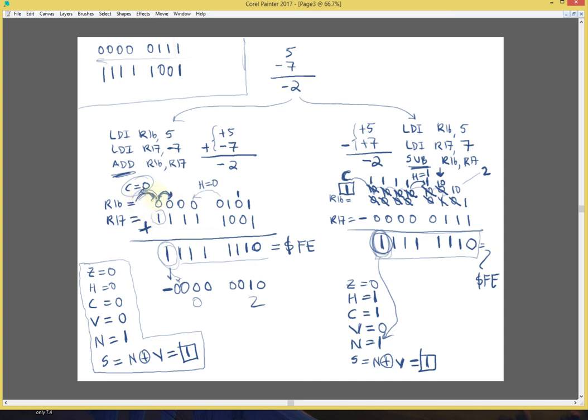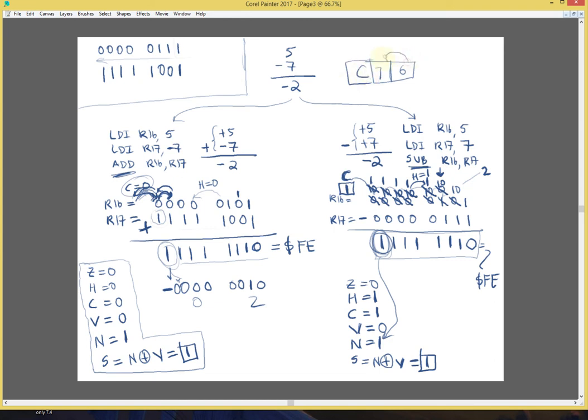If you have both a carry from here to here and a borrow from here to here, then there is no overflow. And if you have a carry from here to here and also here to here, there is no overflow. So look at what is happening always between bits 6 and 7 and the carry.